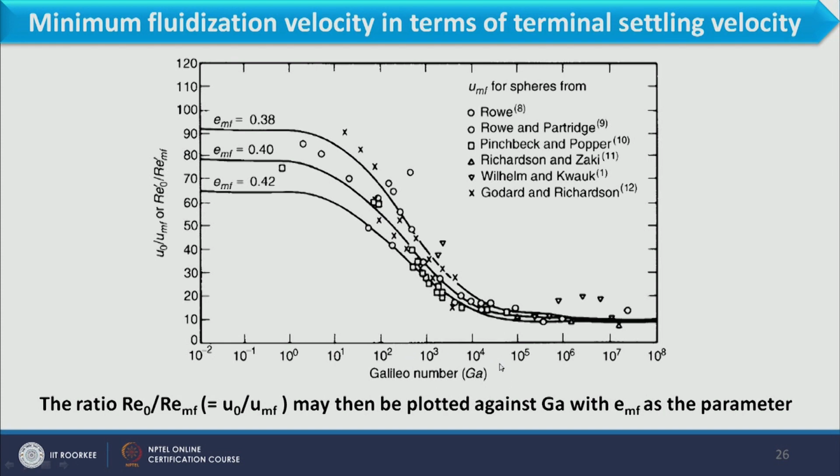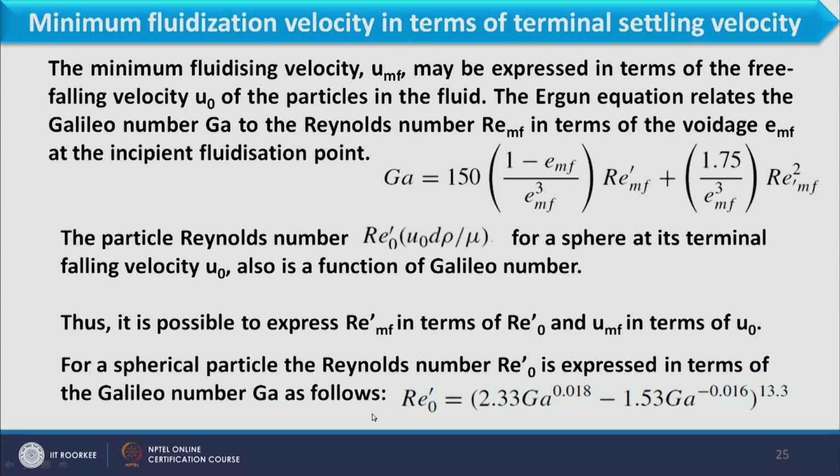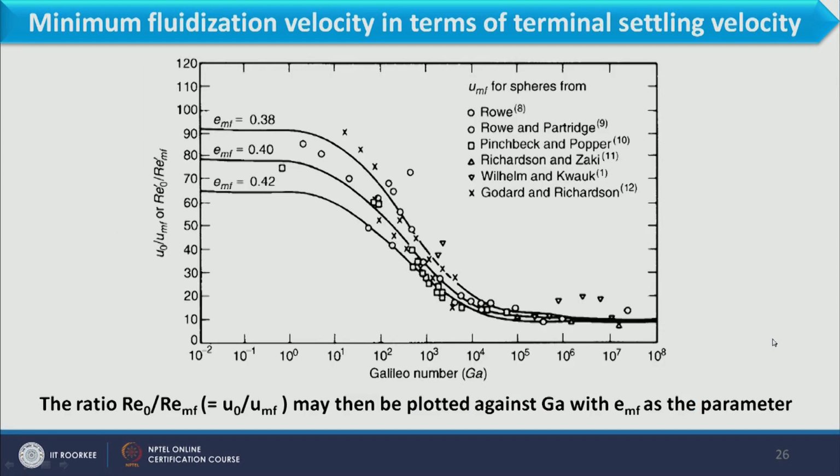You see how this data we have obtained. For a given Reynolds number, we can calculate the Reynolds number at terminal falling velocity by this expression, and the Reynolds number at minimum fluidizing velocity using this expression, where EMF we have to put. For the same Galileo number, we take the ratio of the two Reynolds numbers and plot this data over this graph.